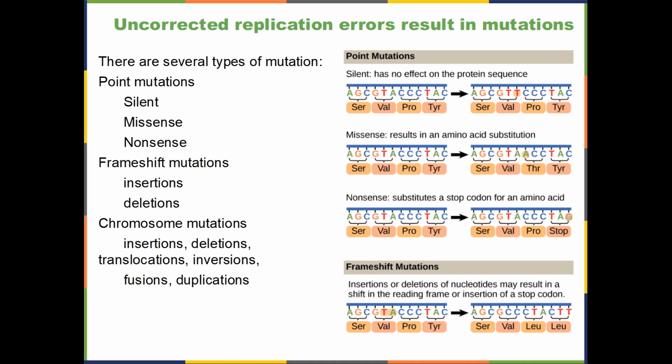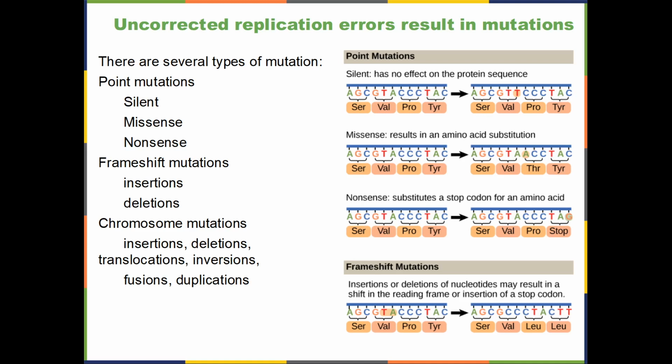Missense results in amino acid substitution, so it actually changes the way that the DNA is transcribed, and then the RNA is translated into a protein. Frameshift mutations, this is where you insert an extra nucleotide, or you delete one, and this causes what's known as the reading frame to change.